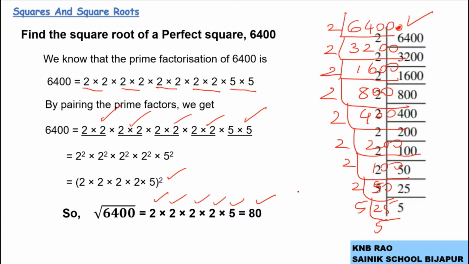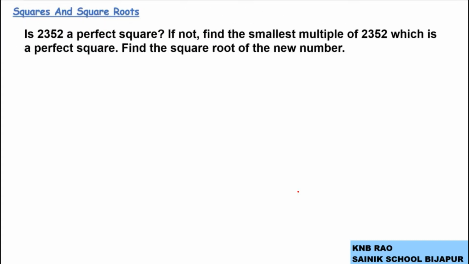Now, this is the animation I have done for 6400 when we make it into prime factorization. You could see that. Then there was one more question given as homework in our previous session: is 2352 a perfect square?